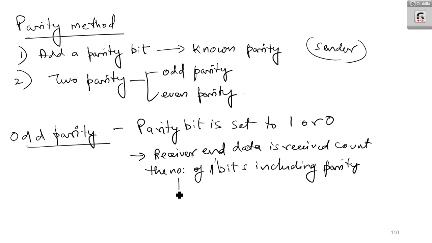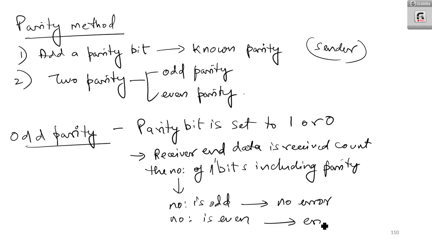If that number is odd, then you can say that no error is there. Whereas if that number is even, then we can say that error is there. That is known as odd parity.